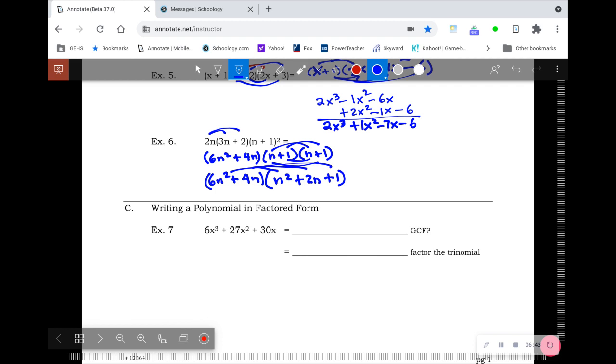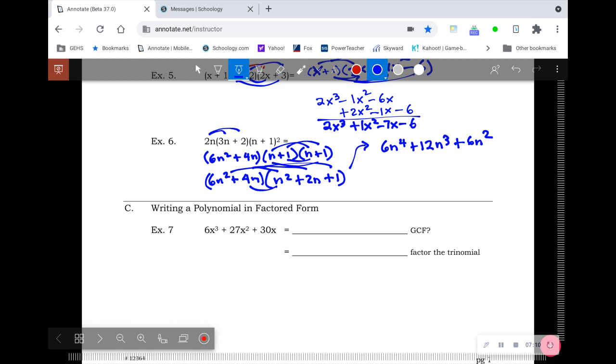So let's see, 6n squared times n squared is going to give 6n to the fourth. And then 6n squared times this 2n is going to give positive 12n cubed. And then finally, 6n squared times 1 is just 6n squared.